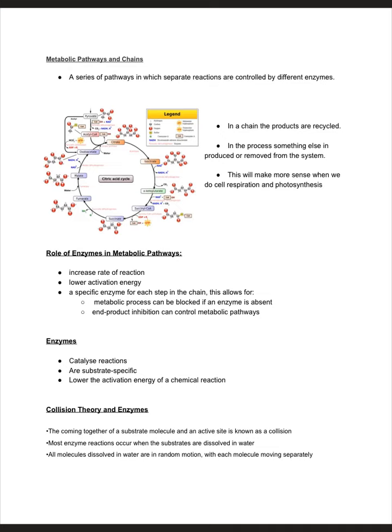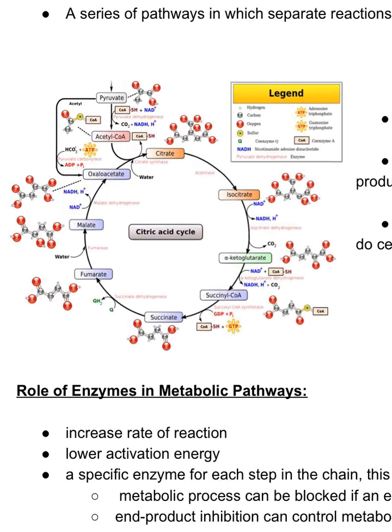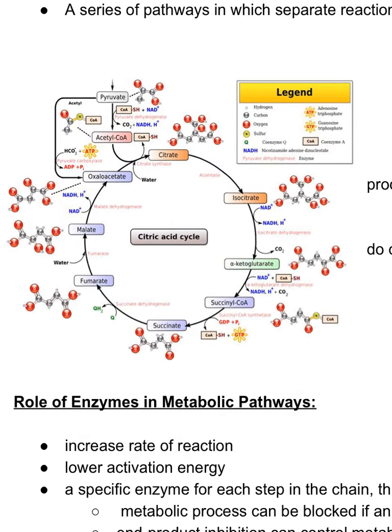Okay, and we talked about this idea before about metabolic pathways and chains. So, for example, this one, and you'll learn about this later when we talk about cell respiration, but each one here, notice how that ends in ASE. This one ends in ASE. They all end in ASE.